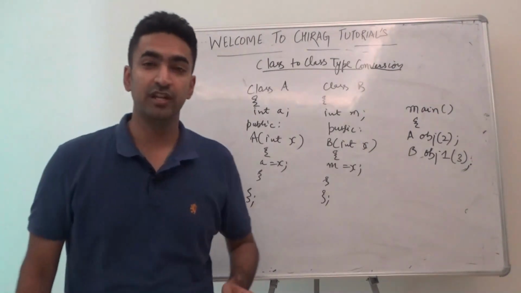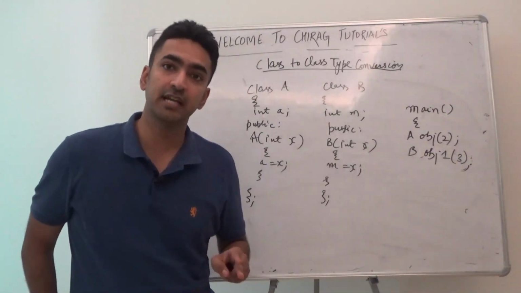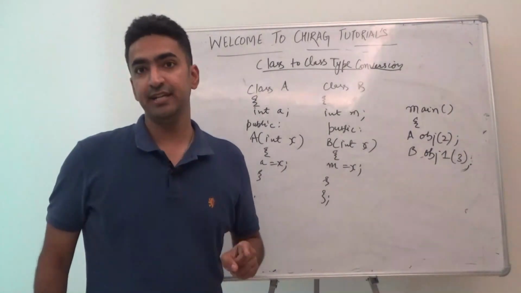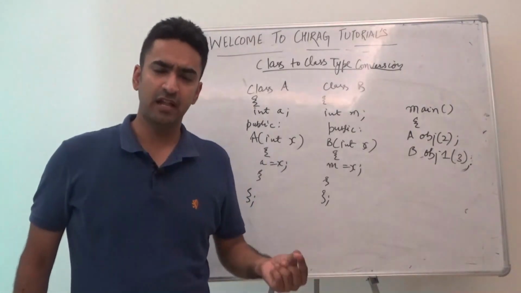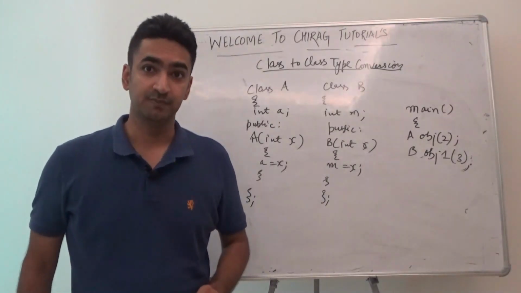Wherever your class type conversion is being done, earlier with a user defined data type being assigned to any value, in that particular class you have to define the operator function.